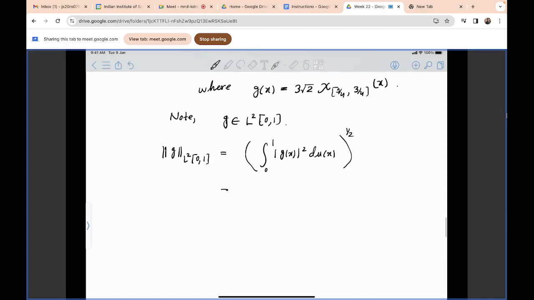Squaring 3 root 2 gives 18, and because of the characteristic function the limits will be 1/4 to 3/4 d mu x.